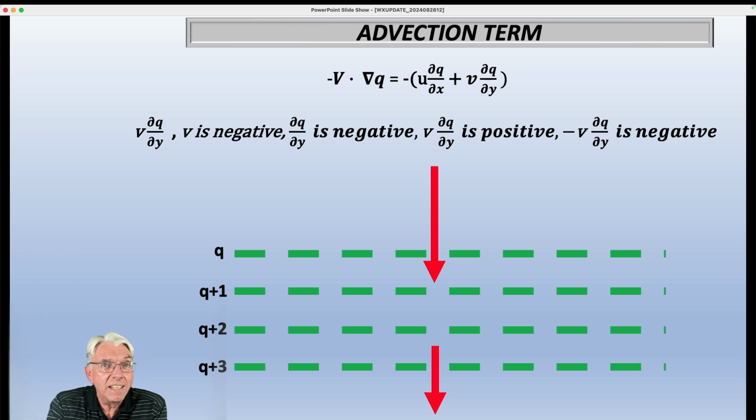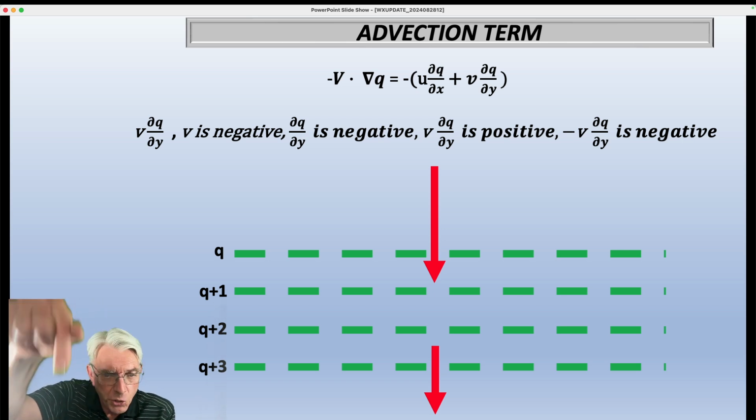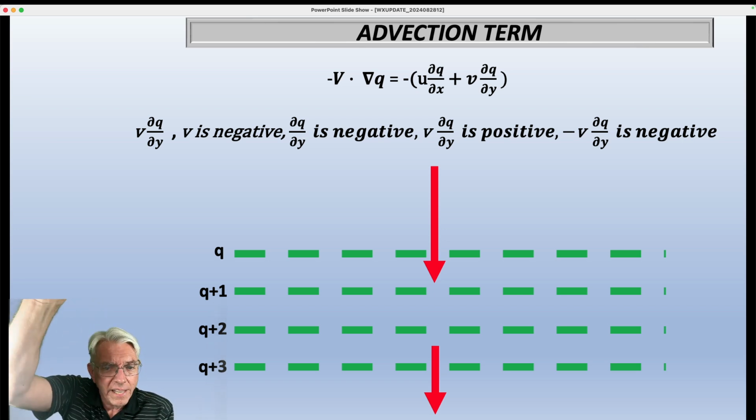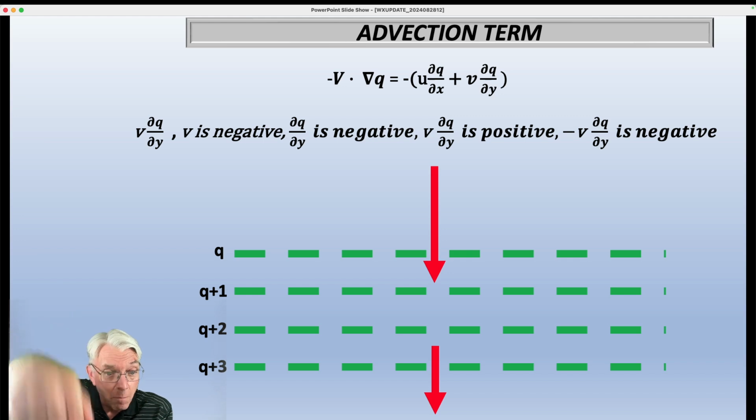So V is negative, and dq dy is also negative because the Q values are getting larger as you go south, but that's the minus y direction. The plus y direction is this way. So dq dy is going to be a positive over a negative, which is a negative number. So you multiply those two together, a negative times a negative, and you get a positive.